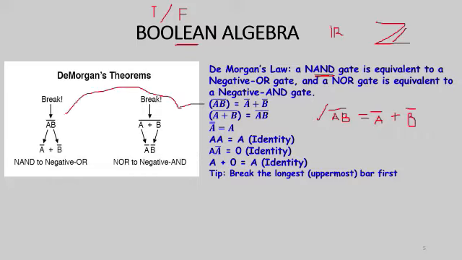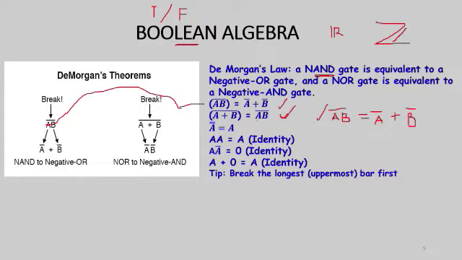Then it's saying that the negative of A or B, when we have not A or B, is the same thing as the NAND of AB. So these are two major laws, and we'll be using them to simplify circuits as time goes on.